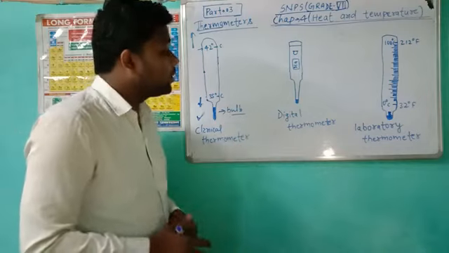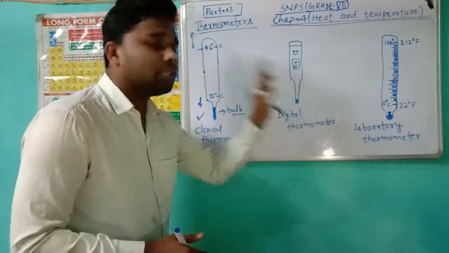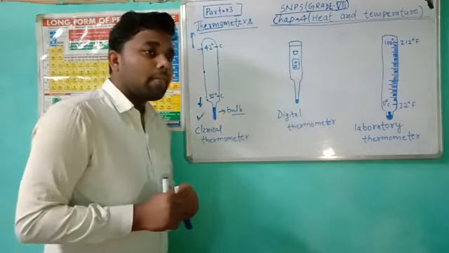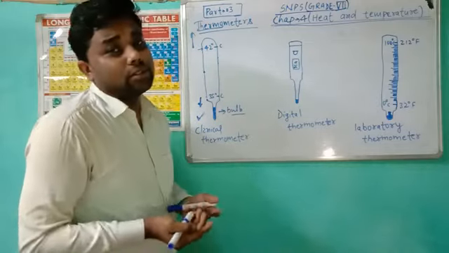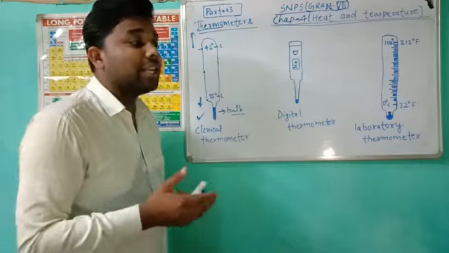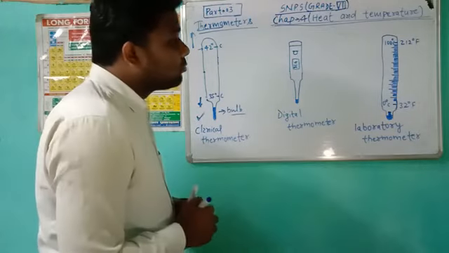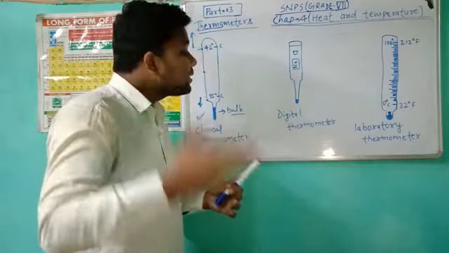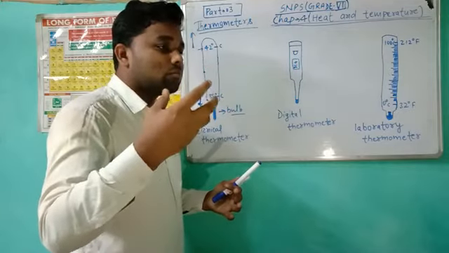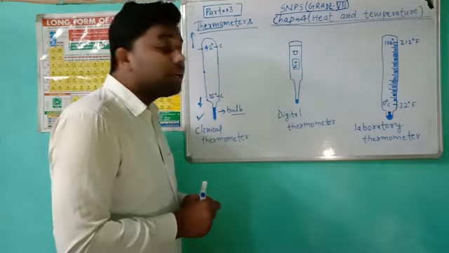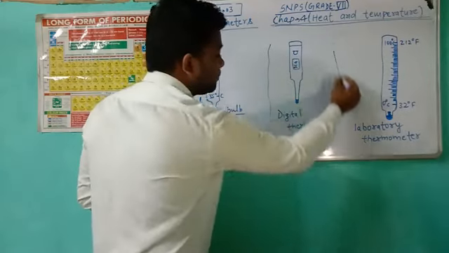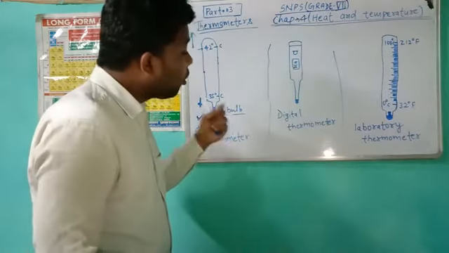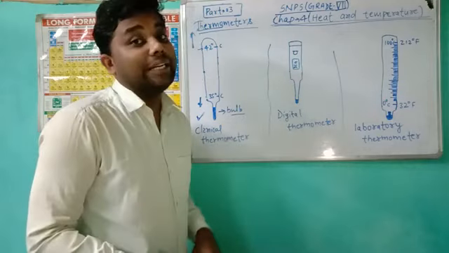And the next thermometer is the digital thermometer. Mercury is toxic in nature. So scientists developed the digital thermometer, because it has no mercury present in it.